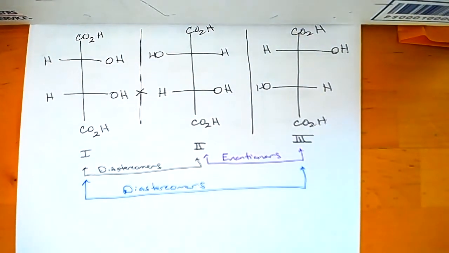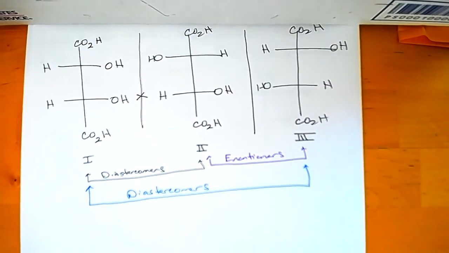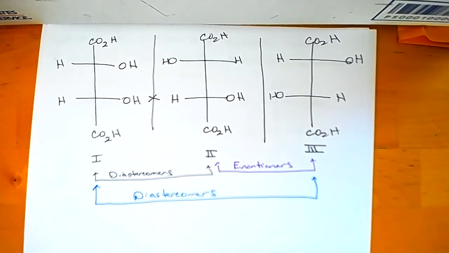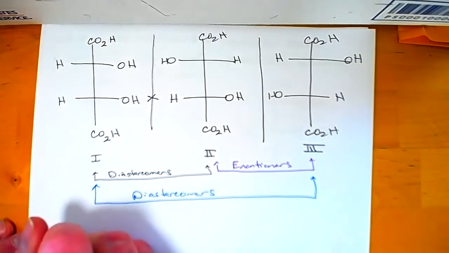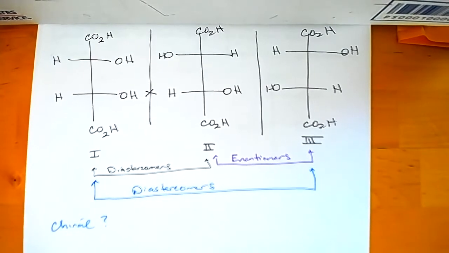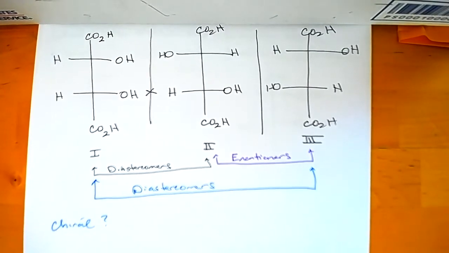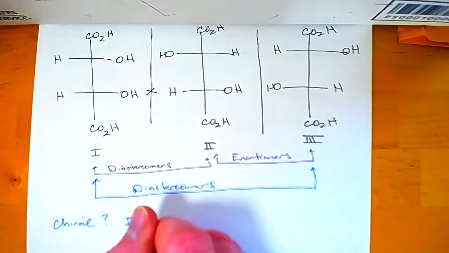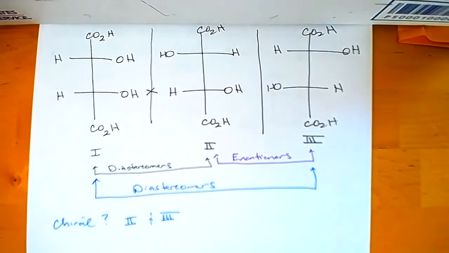Now this classification is going to be important in a minute, because that tells you something about the chemical and physical properties of these compounds. Now, are any of these compounds chiral? Are any of those compounds chiral? If you said yes, you are correct. So compounds 2 and 3 are in fact chiral.